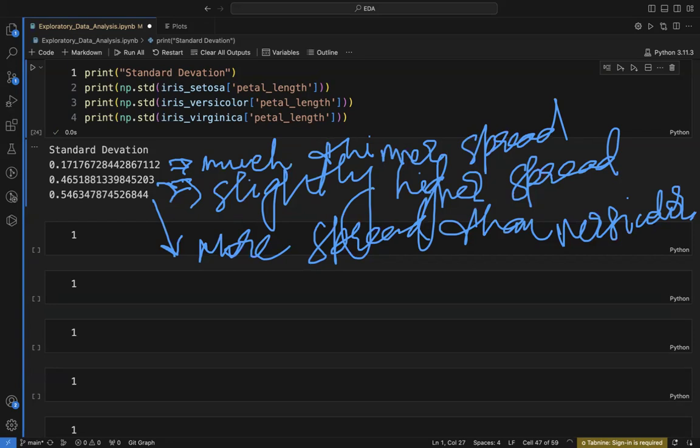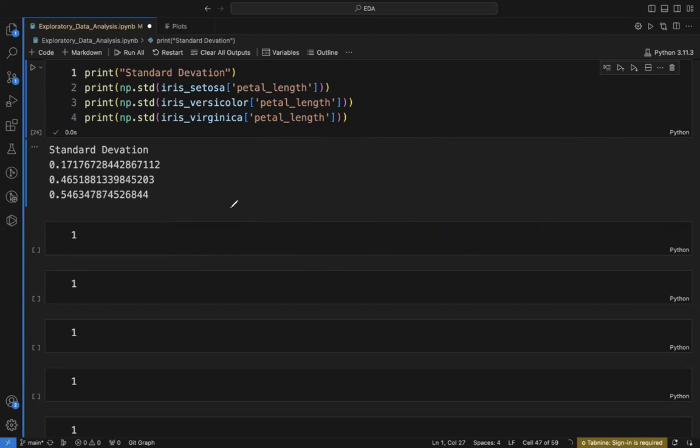Let's say my mean is 1.46, and I know my standard deviation for Setosa is 0.17, which means that a majority of my points lie in an interval between 1.46 minus 0.17 and 1.46 plus 0.17.